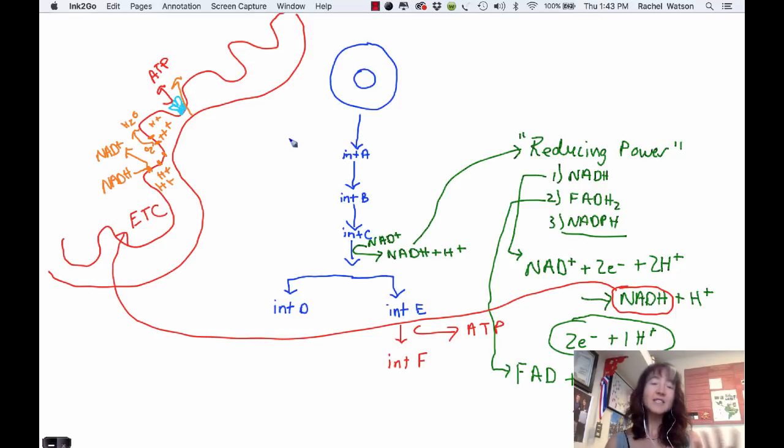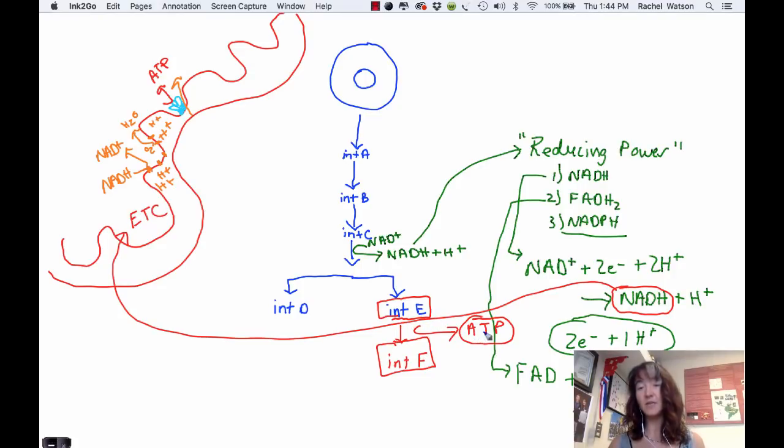Now, let's just take a moment to talk about the other player in all of this, because no matter how you look at it, whether ATP is made in a pathway, this is called substrate level phosphorylation because it's at the level of a substrate. Remember, there's an enzyme that catalyzes the reaction in which intermediate E is converted into intermediate F. So intermediate E is the substrate that's getting acted upon by the enzyme, and that enzyme is able to use that to make ATP.